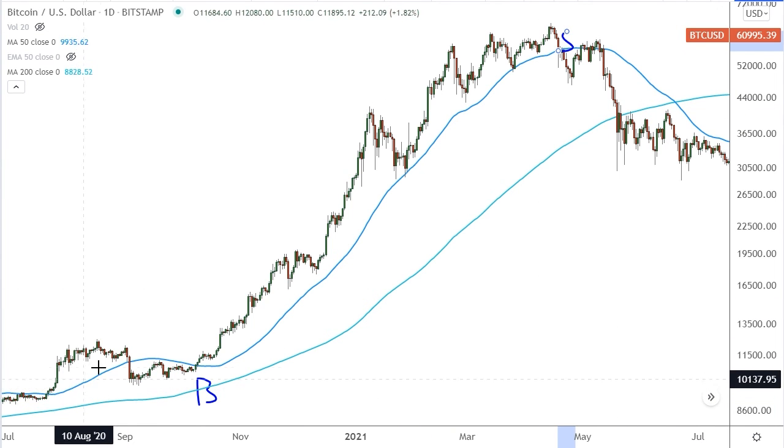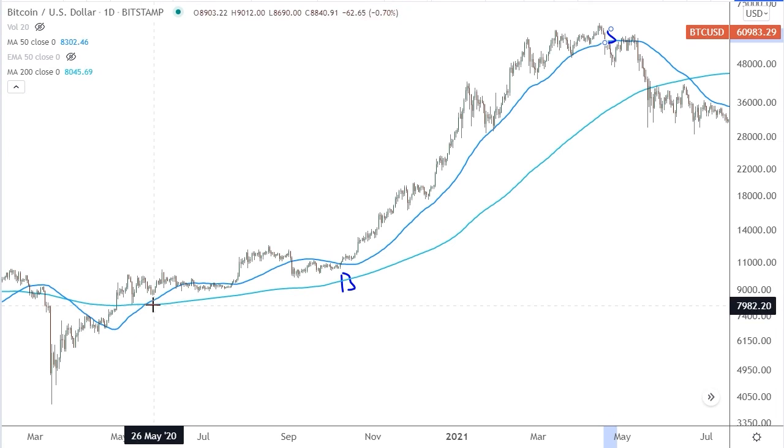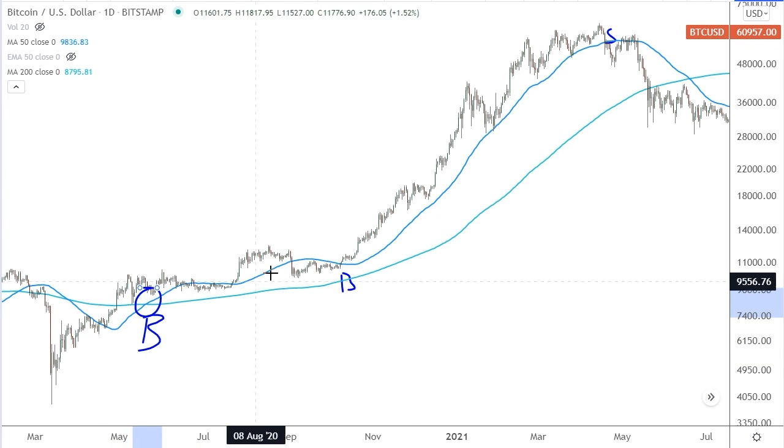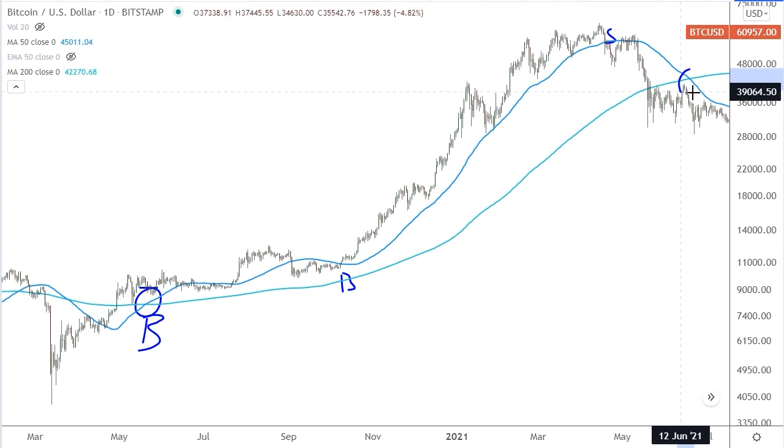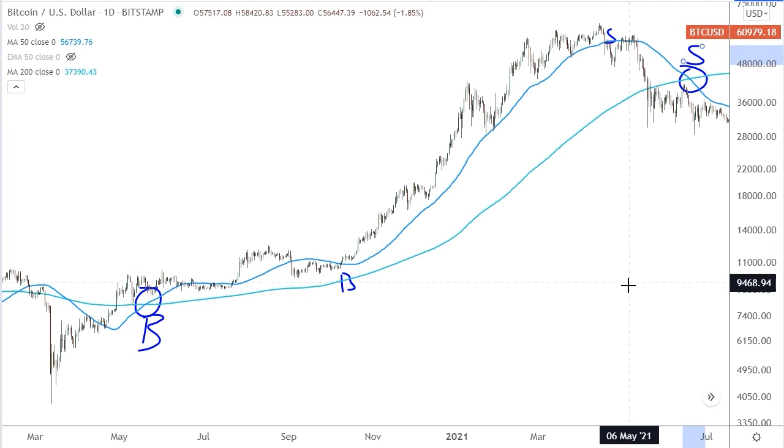And when the shorter moving average crosses above the longer moving average, they'll use this as a signal to buy. So right here, we get a cross up, and so let's say this is a buy signal. And then right here is a cross down, and so they'll say this is a sell signal. Okay, so there's a couple of different ways to use it.